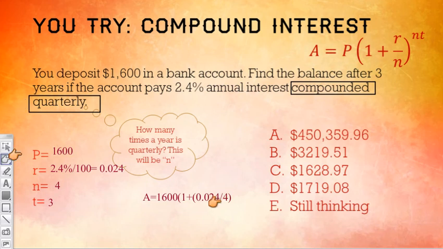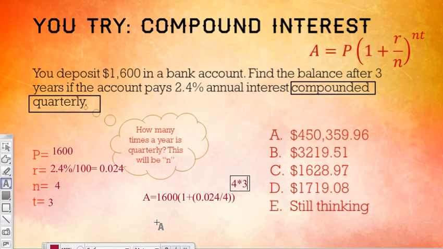So I divide that rate by 4. Okay, so once I do that, notice I'm using 2 sets of parentheses here because this is my fraction. I just didn't write it as a fraction, so it's easier for me to type it. And then we raise that to our power of n times t. And my n was 4, and the number of years was 3.